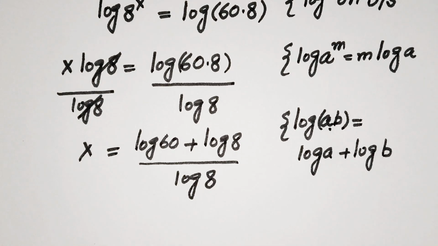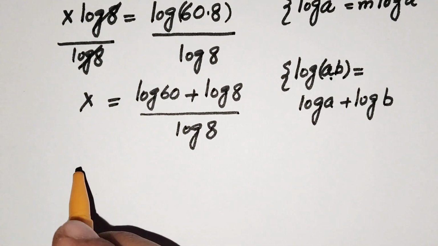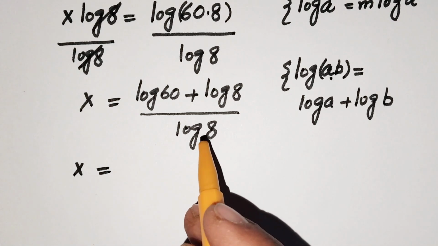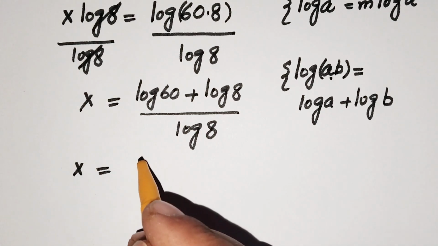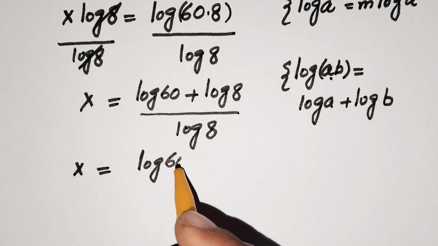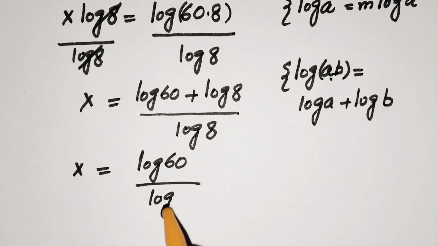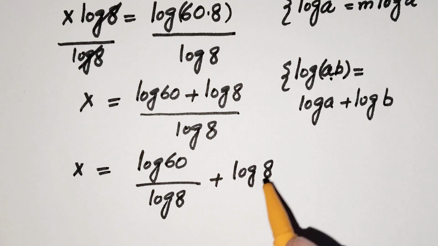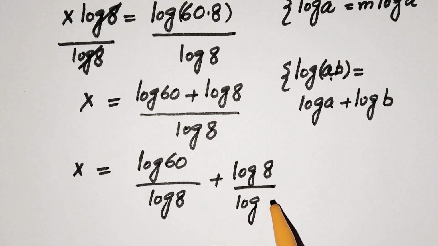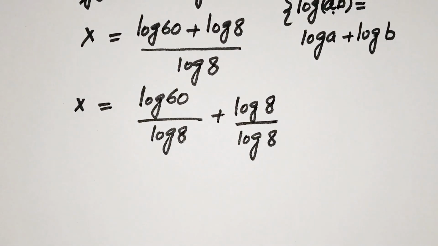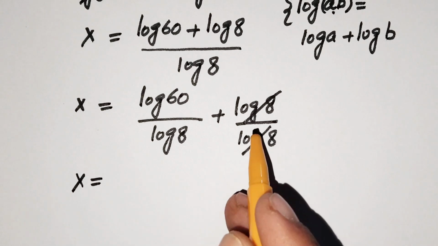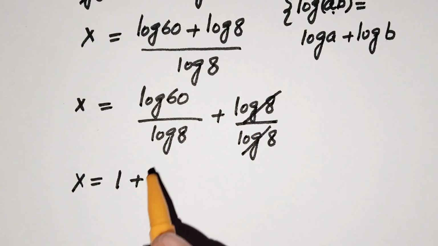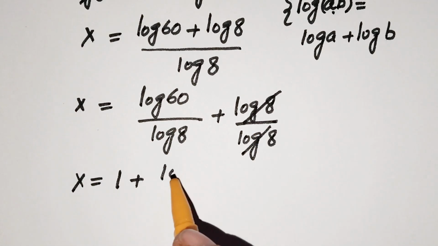Now if we write this denominator, which is log 8, separately with each term, then we have log 60 over log 8, and this one is log 8 over log 8. Now we see that log 8 can be cancelled out with each other, then we just write here 1, and here log 60.